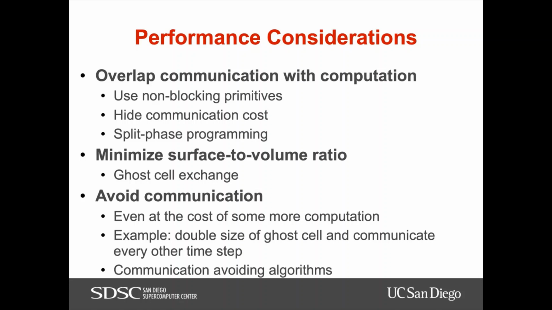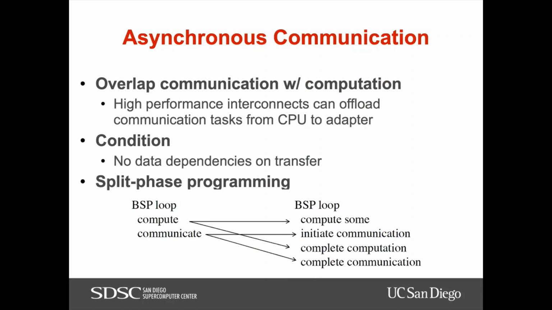Then the other thing is, remember the exchange that you're doing on the boundary is a surface exchange, right? So if you minimize the surface to volume ratio, the amount of communication will drop in comparison to the compute. Of course, if you can avoid communication in some way, that's also fine. There are some algorithms that let you do that.